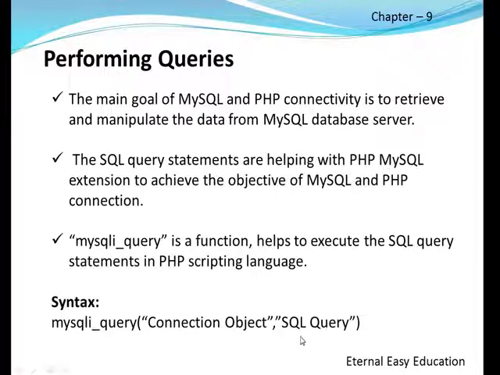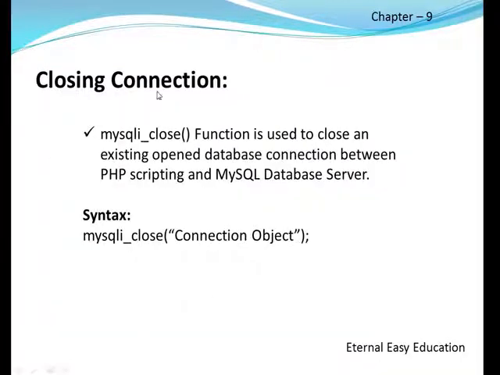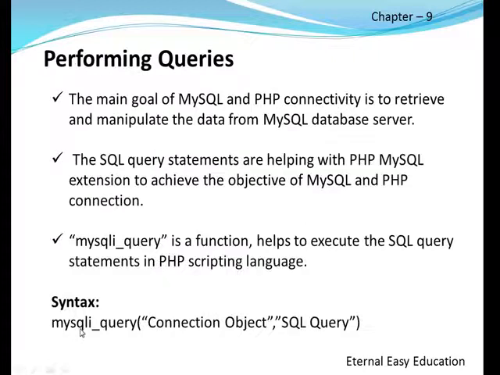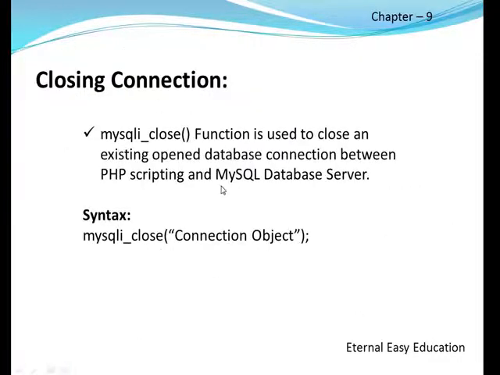That means select, delete, insert, update, any query can be used in this built-in function. Then you have to close the connection with mysqli_close. So open, use mysqli_query to fetch the data or manipulate the data, then close the connection. Three steps. We'll see the example.